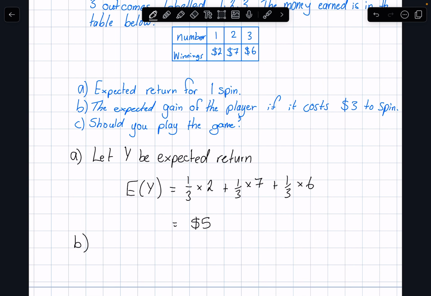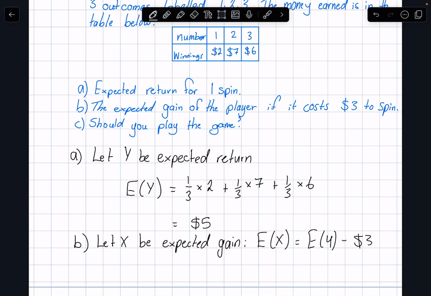Now, the expected gain, let x be expected gain. Now, that is going to be E of x, which is E of y minus how much it costs to play the game, which is $3.